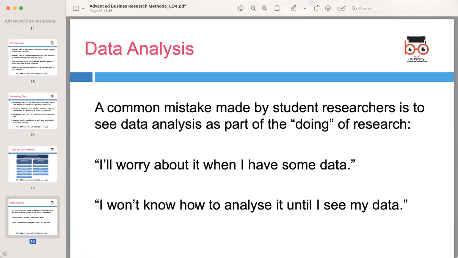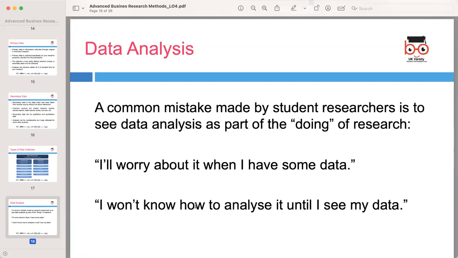To avoid the pitfalls, it is important to plan your data analysis right from the start. Before you even collect your data, think about the type of analysis you will need to perform. Consider what statistical method or software might be appropriate for your research questions.